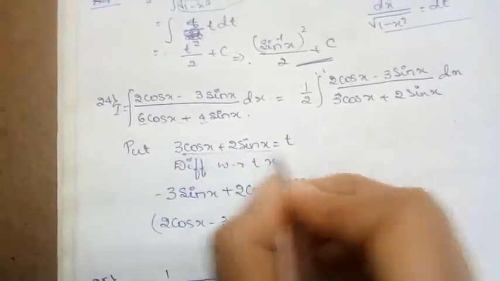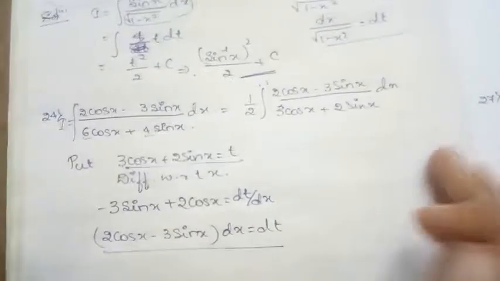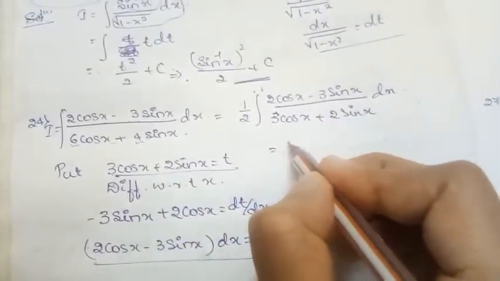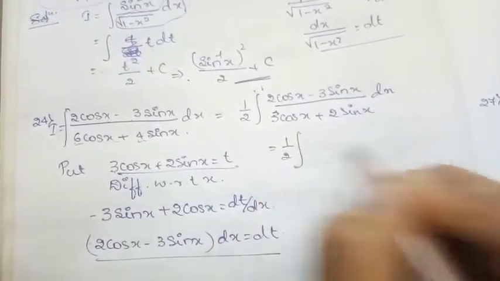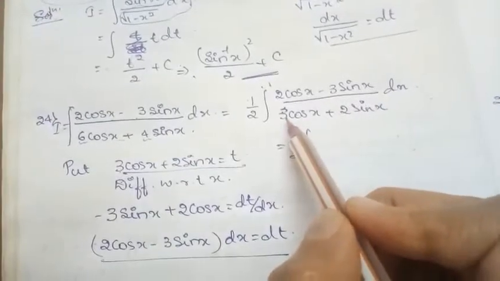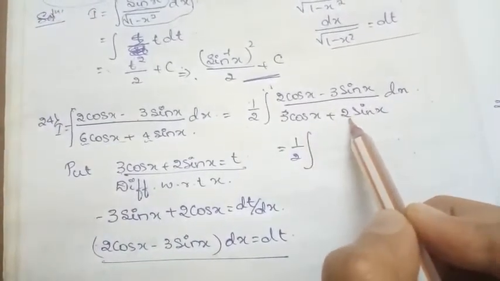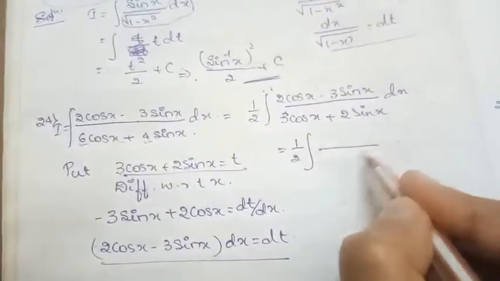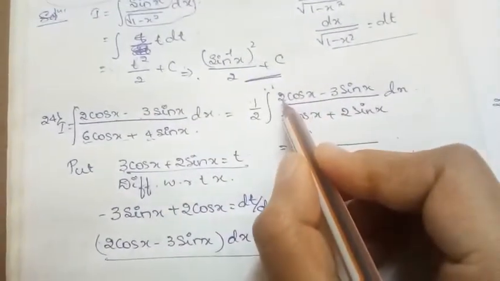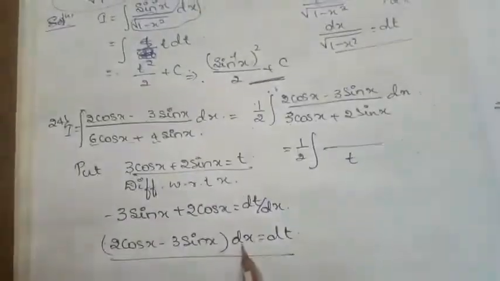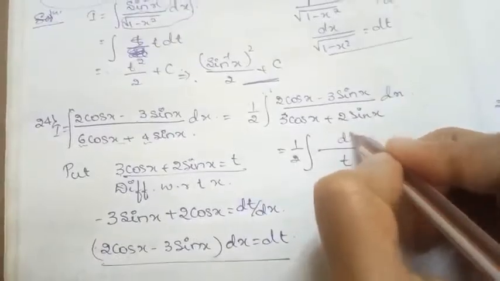Now I am substituting this value of t and dx in the above equation, that is 1 by 2 integral. I have taken 3 cos x plus 2 sin x as t, and 2 cos x minus 3 sin x into dx we got as dt.